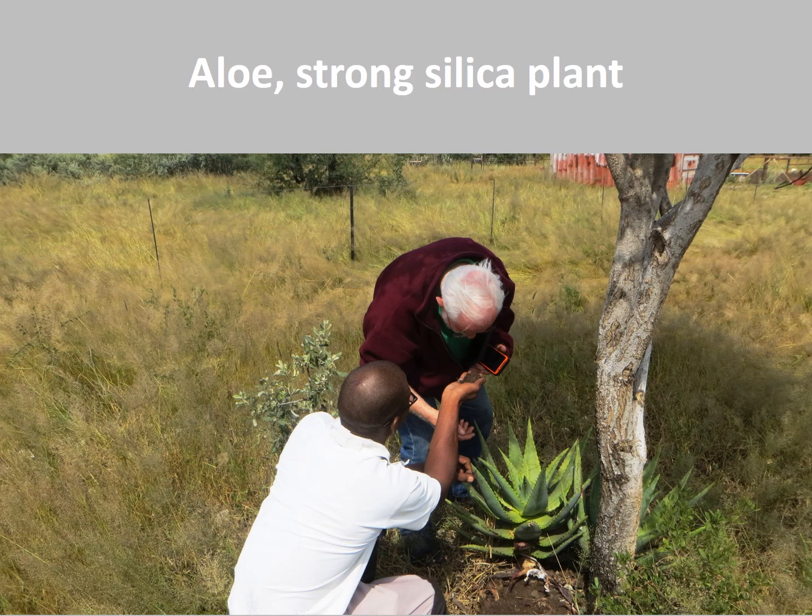Here is a weed, a plant that I really love because it's a really great silica plant. In Australia, we are harvesting the juice out of this plant and using it for a variety of things. I mean, it's great for shampoos. It's great for sunburn. It's great for the skin.